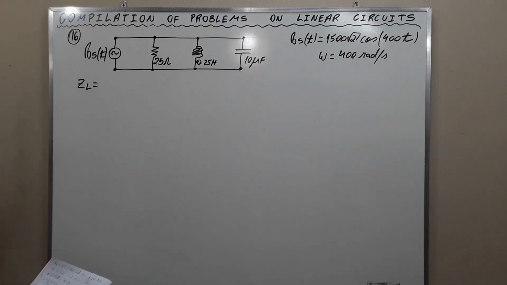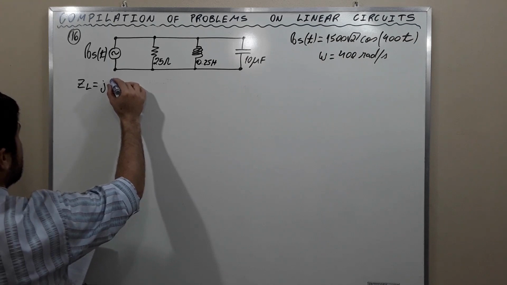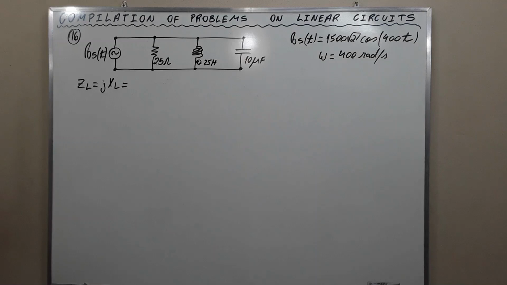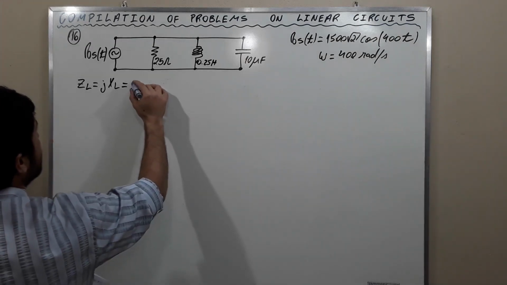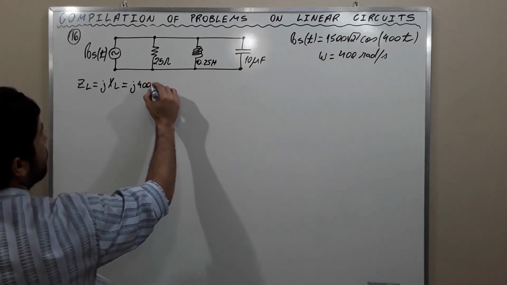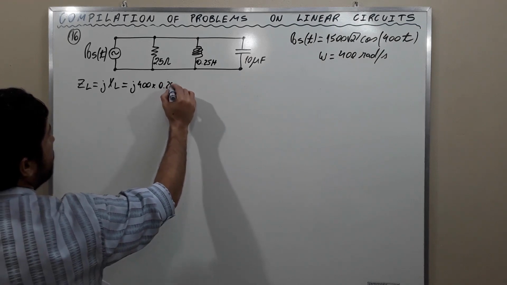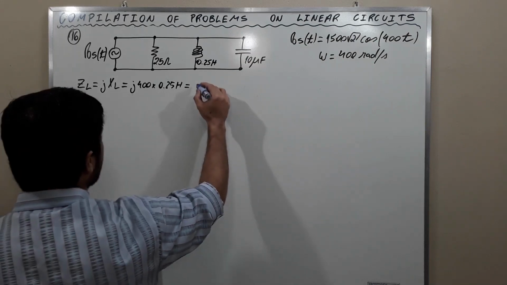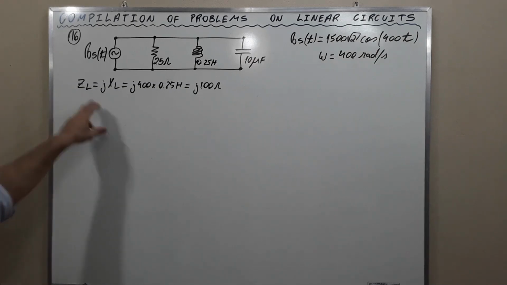The impedance of the inductor is equal to jXL, and the inductive reactance is j times 400 times 0.25 henry, and this is equal to j100 ohms. Okay, this is the impedance of the inductor.